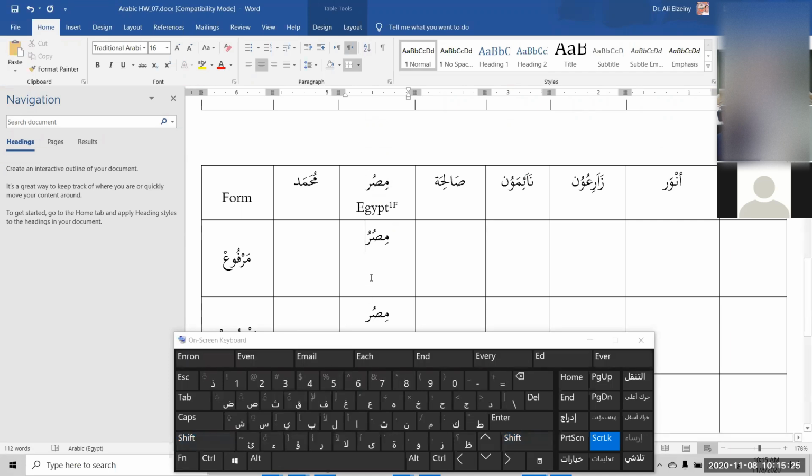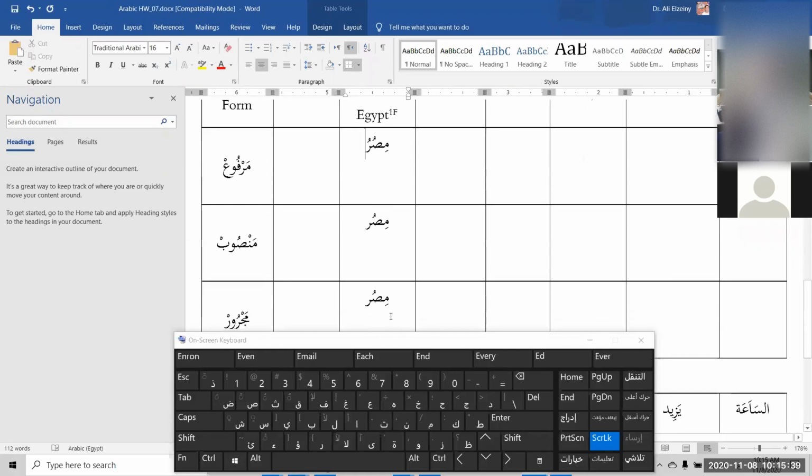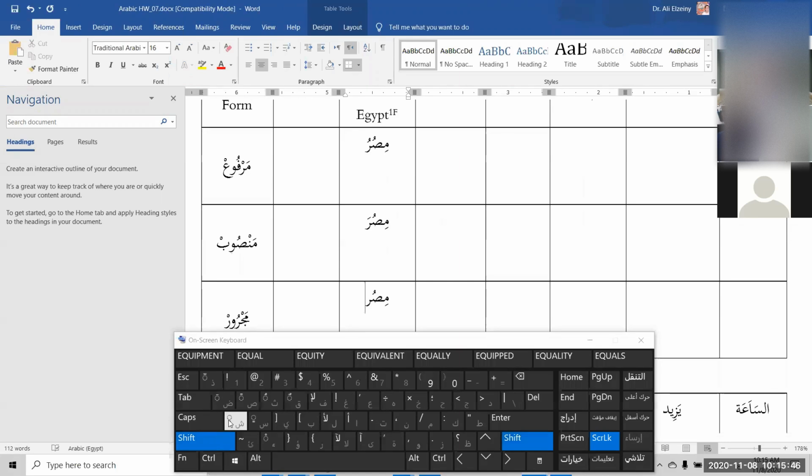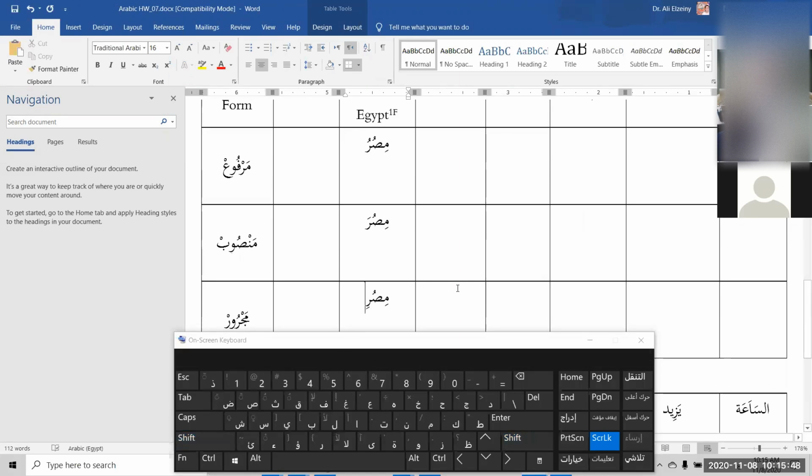Why not Misrun? It doesn't have alif lam. If it had alif lam, I would say because of the alif lam we cannot have tanween. But this one, because sarf is forbidden, we cannot have tanween. Then mansub is fatha, and majrur is kasra. Did I make a mistake? I think I made a mistake. Majrur is fatha, because sarf is not allowed.